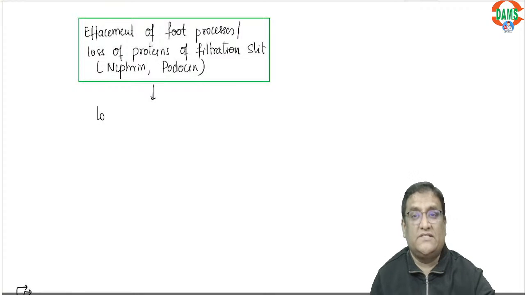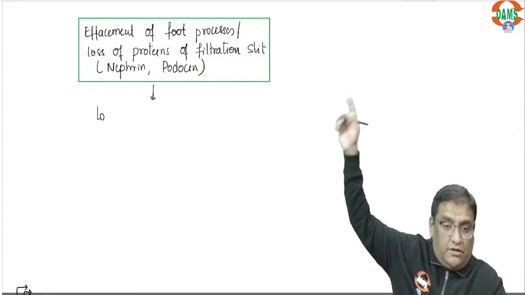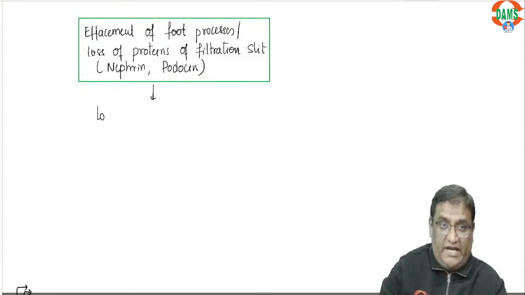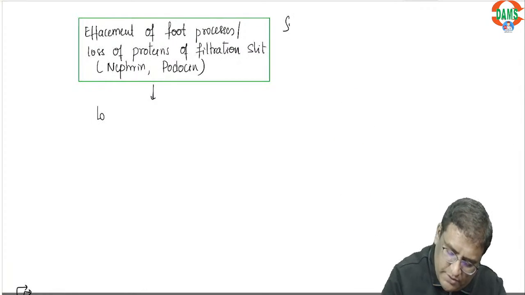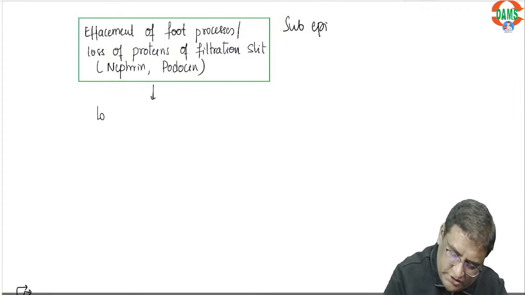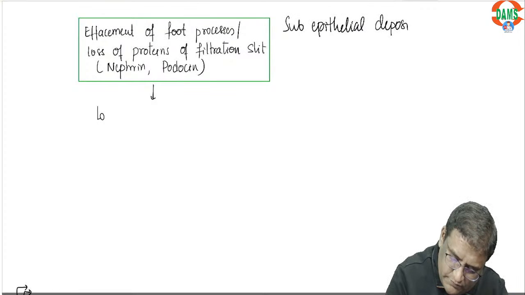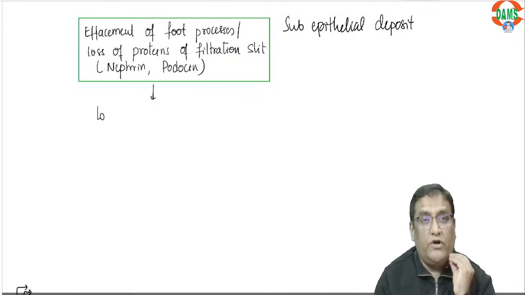Or immune complexes get deposited on the subepithelial surface. Earlier we discussed subendothelial and mesangial; this will be a subepithelial deposit. Because of a subepithelial deposit, there will be effacement of foot processes. I hope all of you are understanding.